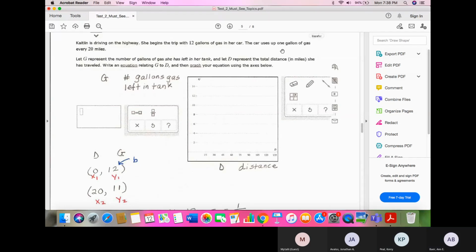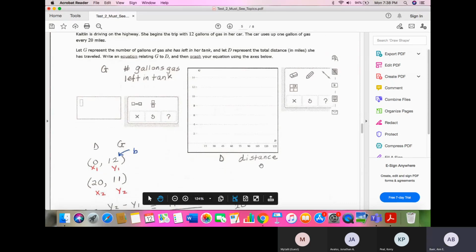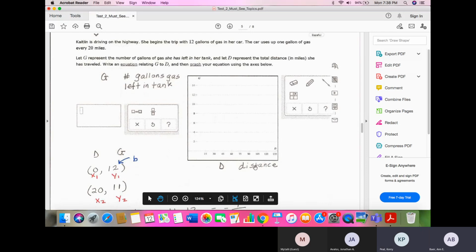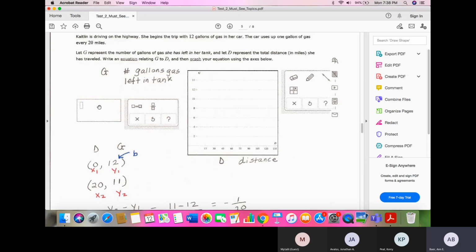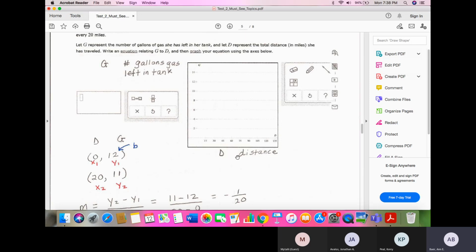So what is D? D is distance. So let's put in 20 for D because we know what's going on every 20 miles here. And there's many variants of this problem. I put in 20, and distance is on what we think of as the x-axis. So I put in 20 first.